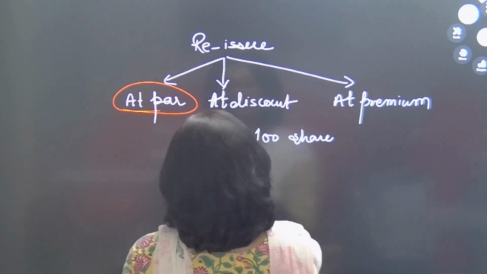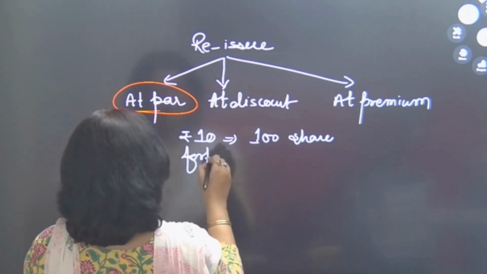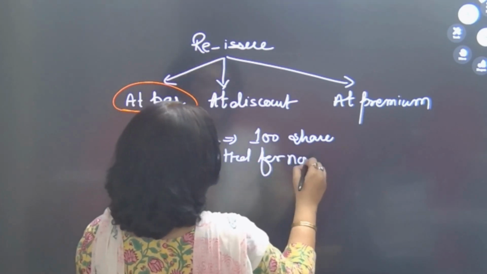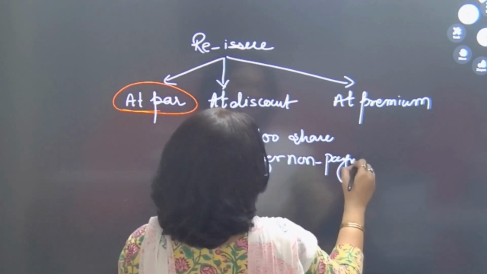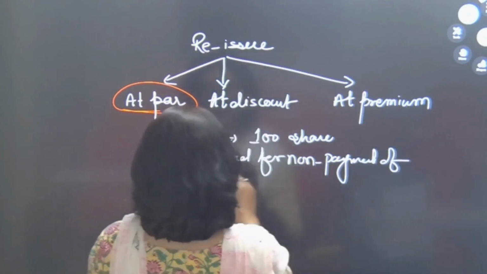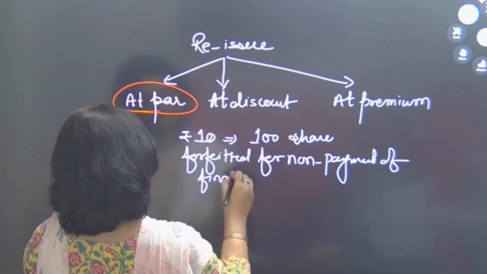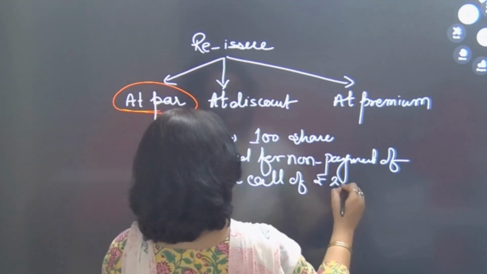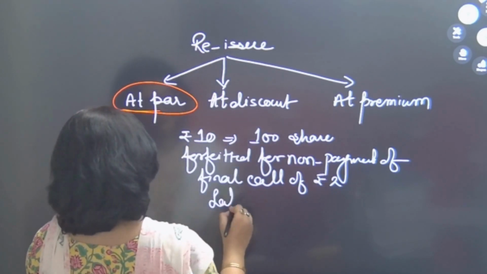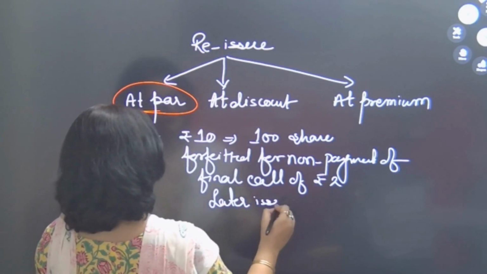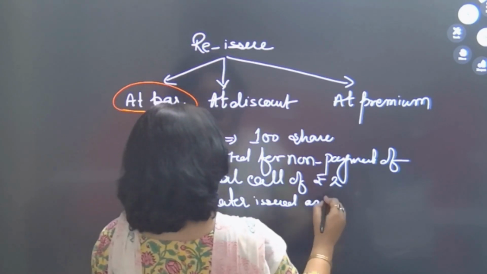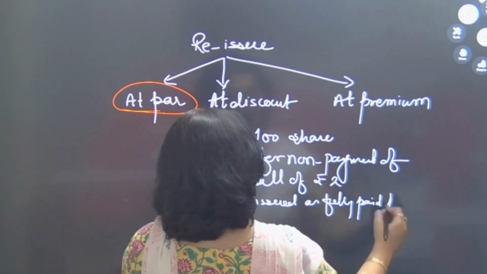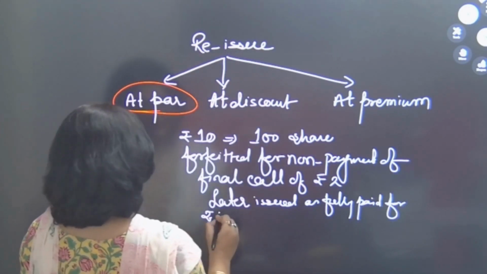And these shares were forfeited for non-payment of final call of rupees 2. Later issued as fully paid for rupees 10.